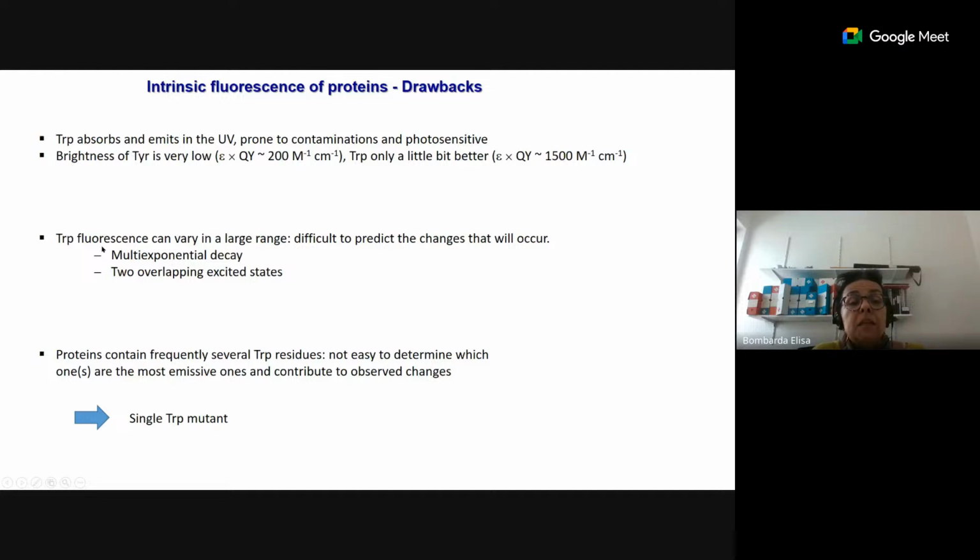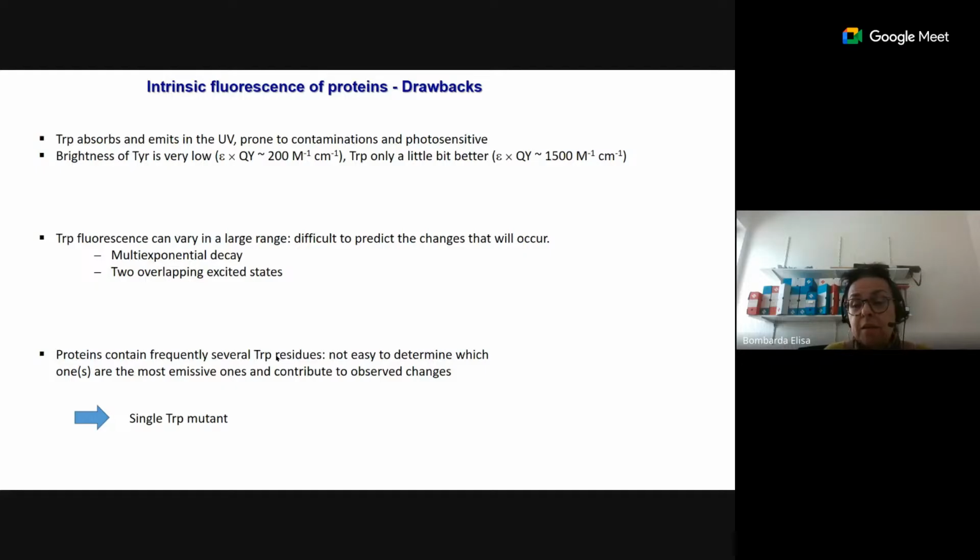Then tryptophan has a multi-exponential decay, as we saw, which requires some effort in the interpretation. Moreover, it has two overlapping excited states, so there is some complexity in its own spectroscopy. Then, tryptophans are rare in proteins, but there are many proteins that have more than one tryptophan, two, three, six, so it can happen.